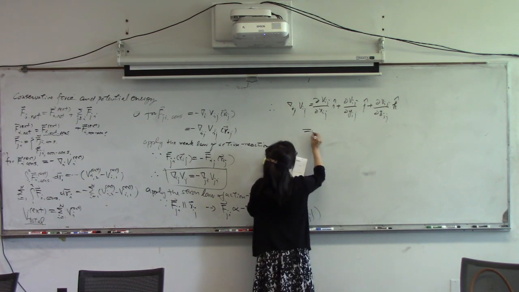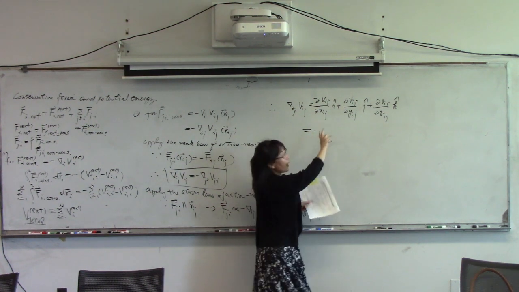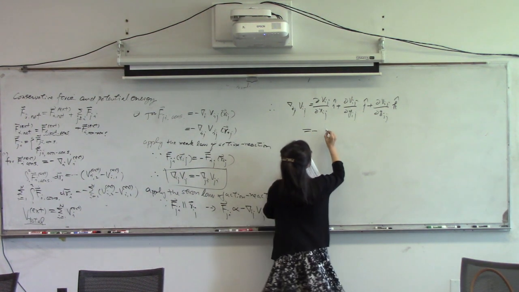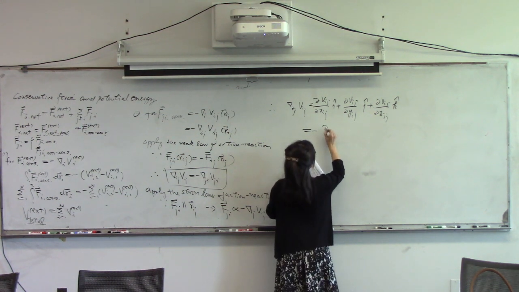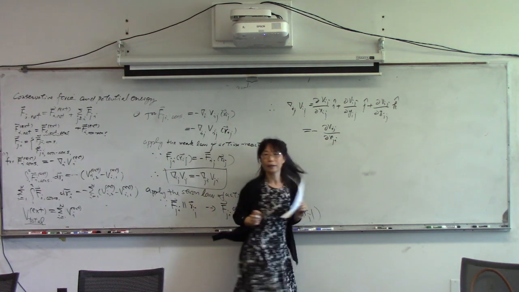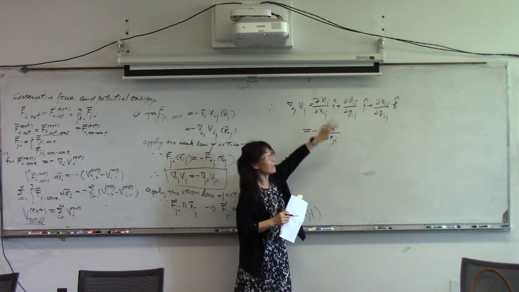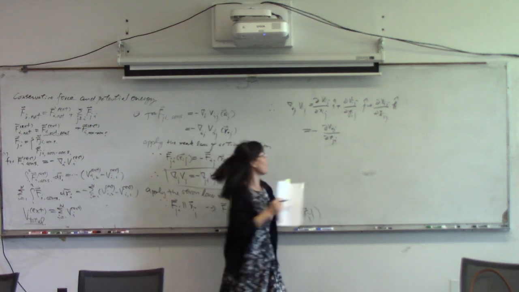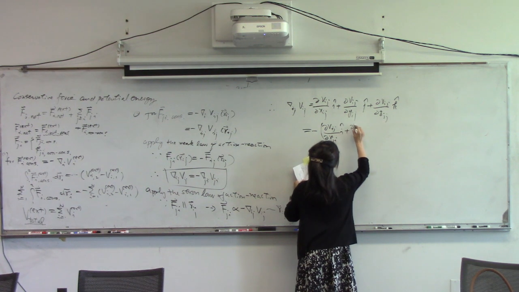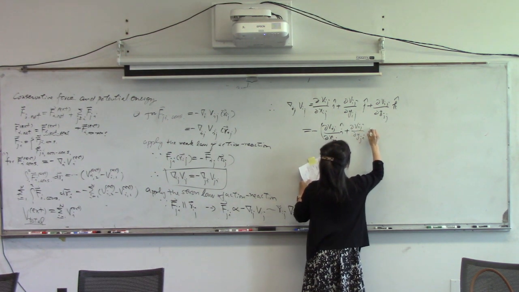And then, because x_ij is x_i minus x_j, then for ji it is just a negative, right? So now I can do this with x_ji. You agree? x_ij and x_ji are just opposite, right? So now I have a negative sign. Same thing for the others, partial y_ji.